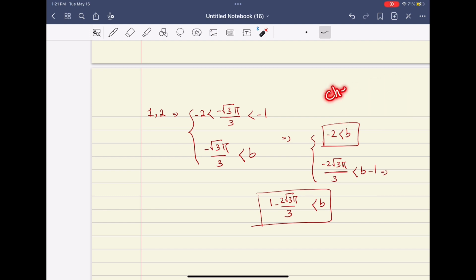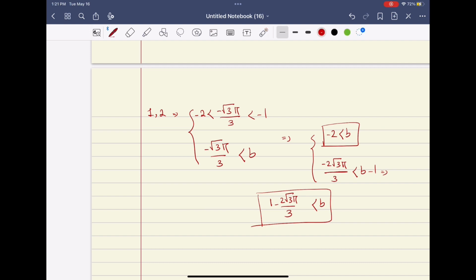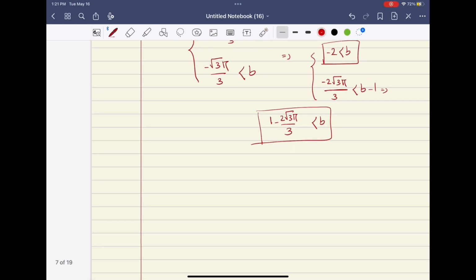Is it actually greater than -1? If it is greater than -1, it would be a valuable answer for us. Let's check it. Is 1 minus 2 root 3 pi over 3 greater than -1? Which basically, as a result, makes our b greater than -1.